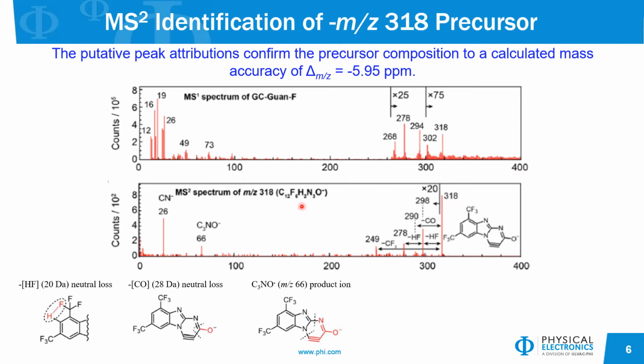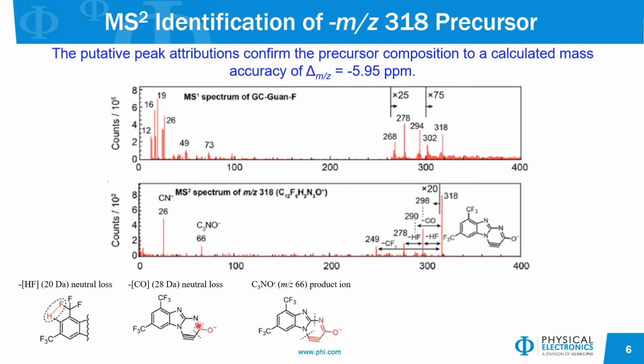So what we can see in the product ion spectrum is a number of neutral losses that are indicated by arrows, as well as product ion peaks that are indicated by composition. So the neutral losses are indicated down in the bottom panel along with one of the product ions.